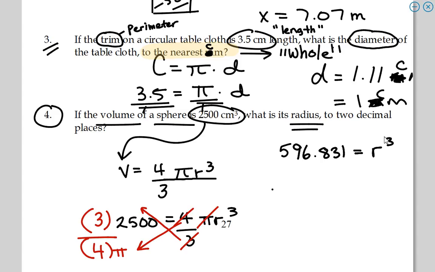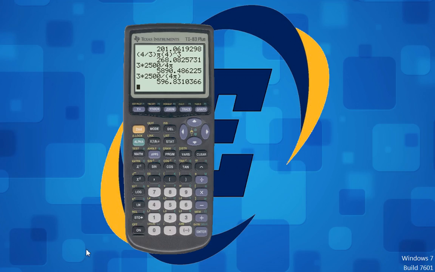How do we find the cube root? All right, so on this calculator, you can hit the math button. And then it's the fourth one down here that says cube root. And then I want that 596 to go in here. It was my previous result, so I'll go second function negative. And that puts the answer.